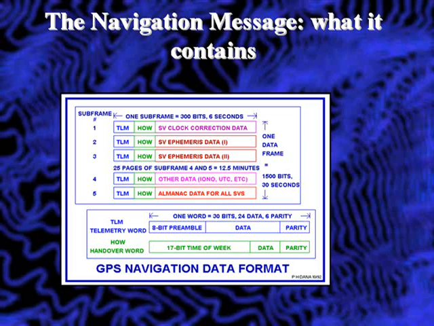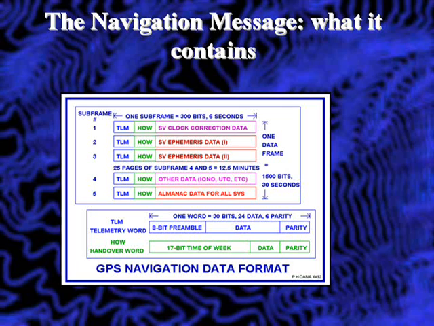As you can see, for example, the first subframe carries information on the clock correction. The second and third carry ephemeris data. The fourth and fifth carry other data like ionosphere corrections and time, and the fifth subframe also carries almanac information.